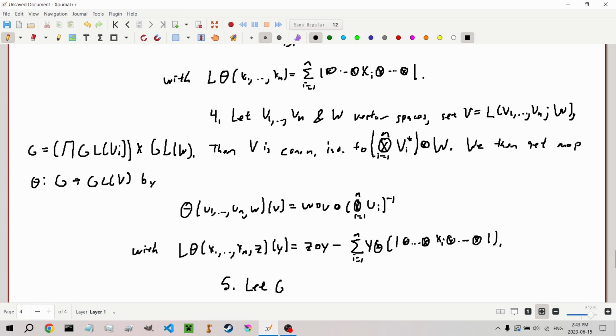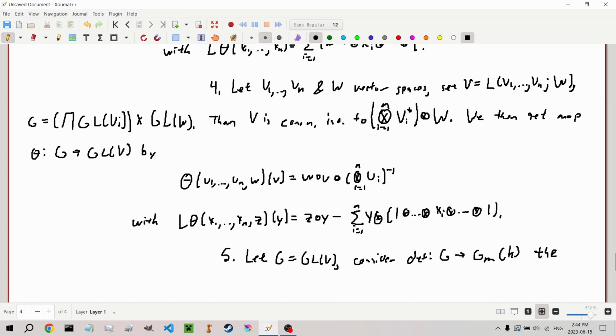So we're going to let G be GLV and consider the determinant map from G to GL1 of K, being, as I said, the determinant map.